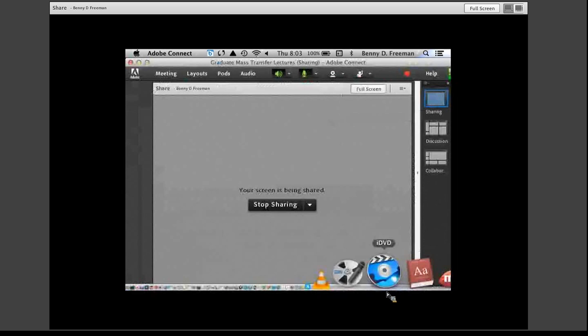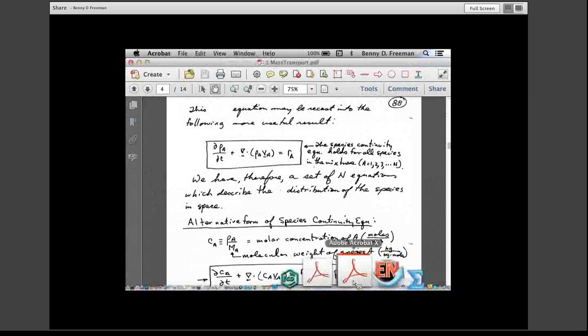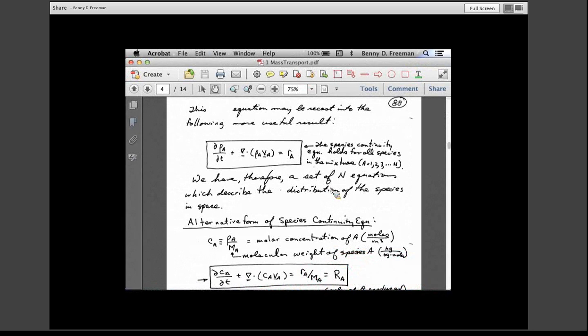Okay, so last time we were focused on deriving the equations of continuity, and I showed you how to derive those from a continuum approach using material volumes. We derived the result that is shown in the boxed expression here, and that is basically the equation of continuity for a species.